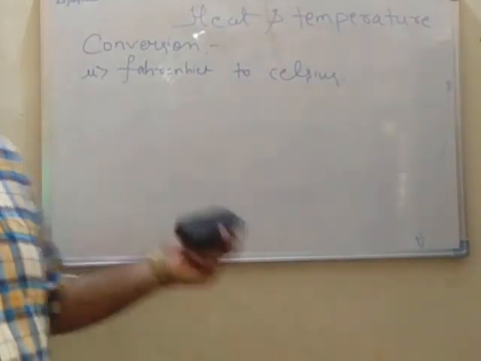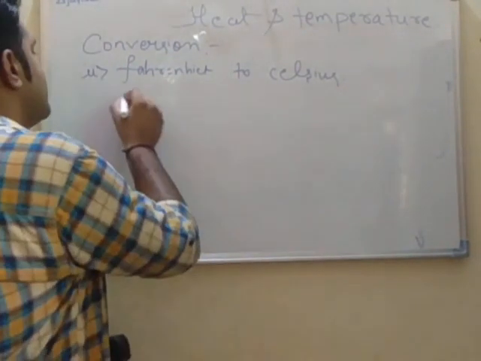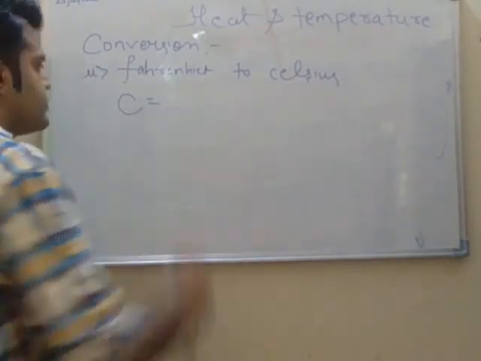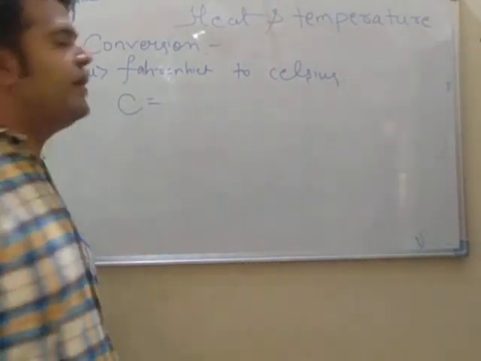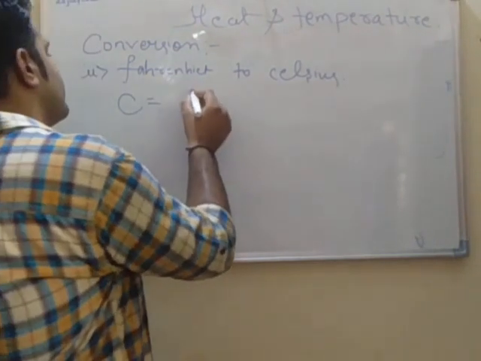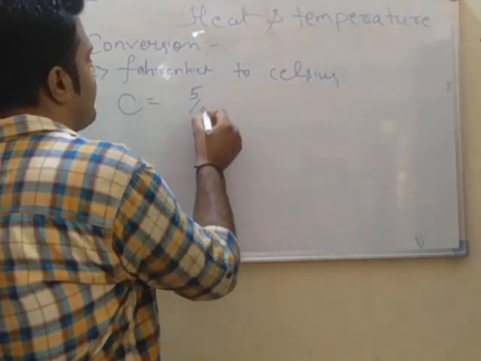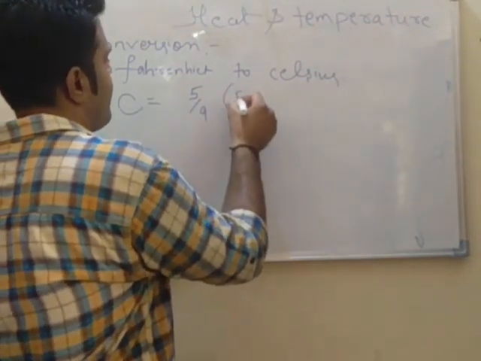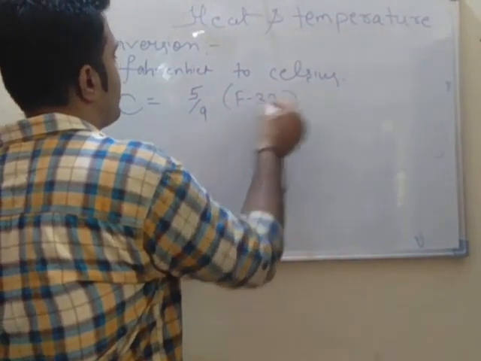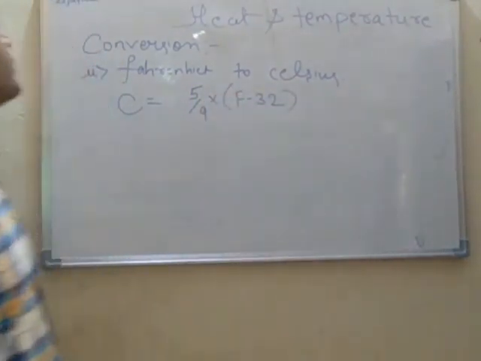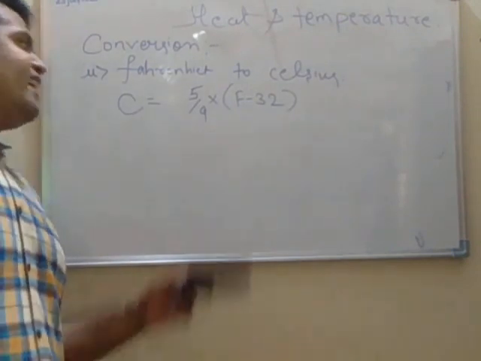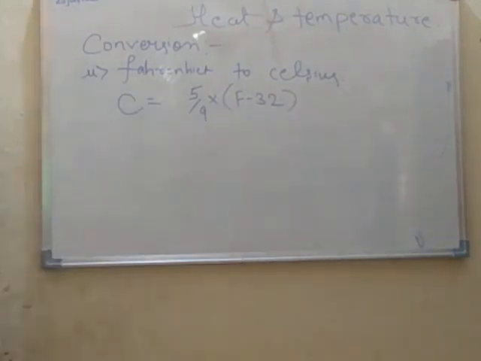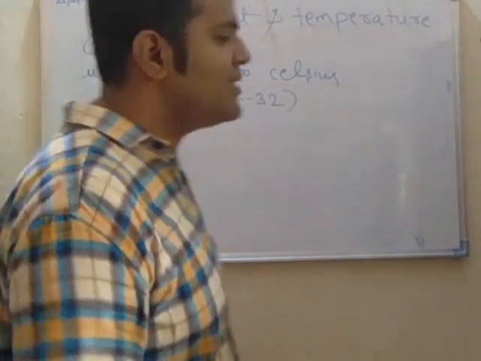The formula for conversion of Fahrenheit to Celsius is C equals 5 by 9 into F minus 32.